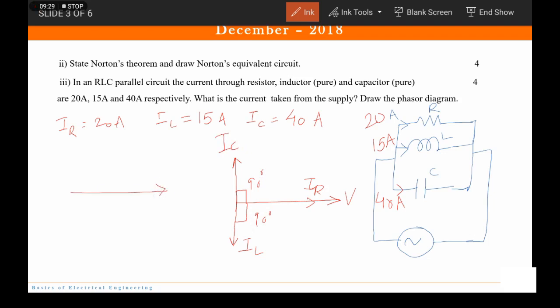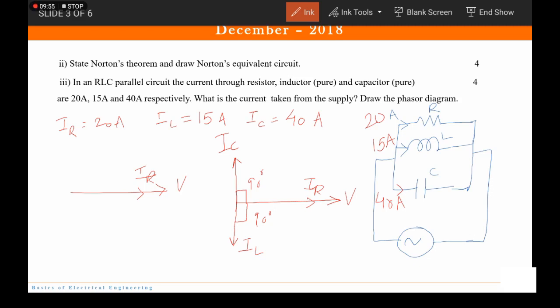So what is the resultant current on the y-axis? Suppose this is V and somewhere here is IR. Then the resultant will be either IL minus IC or IC minus IL, depending on the values. Whichever is greater comes first, and the smaller is subtracted from the greater one.